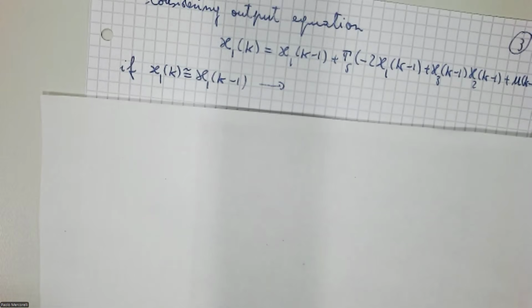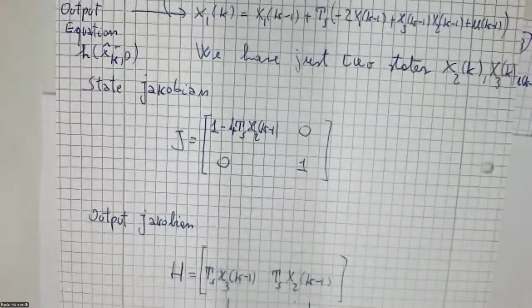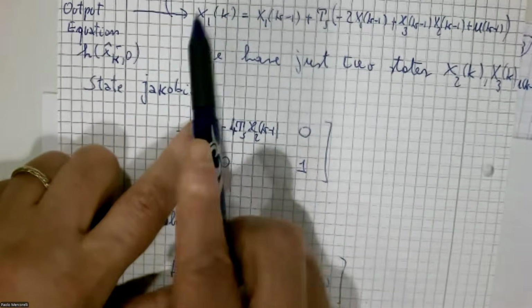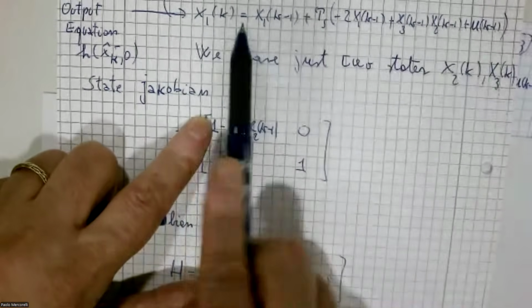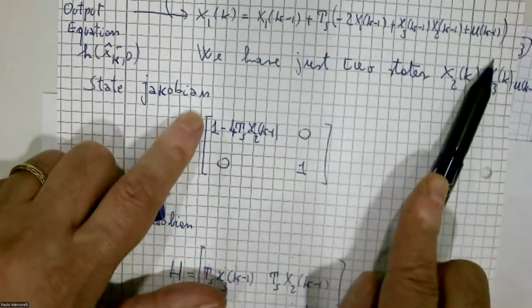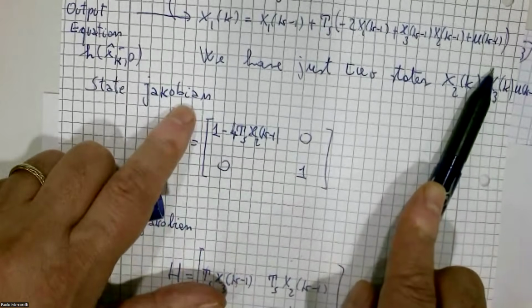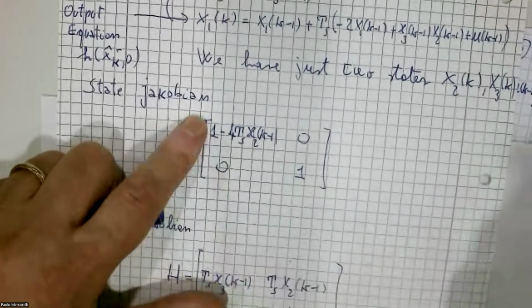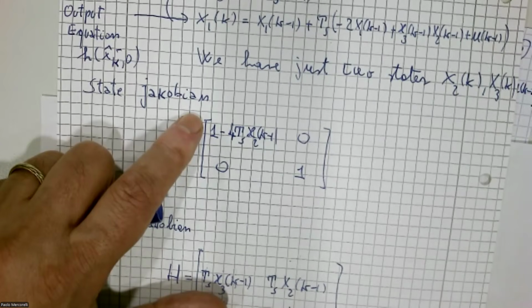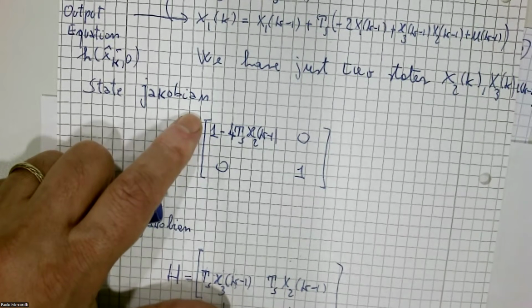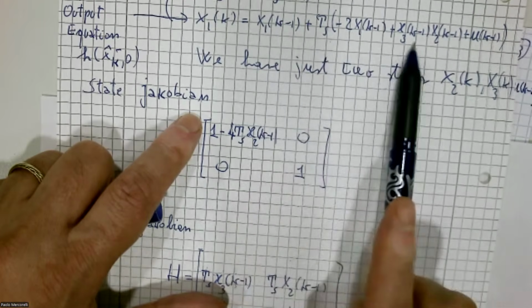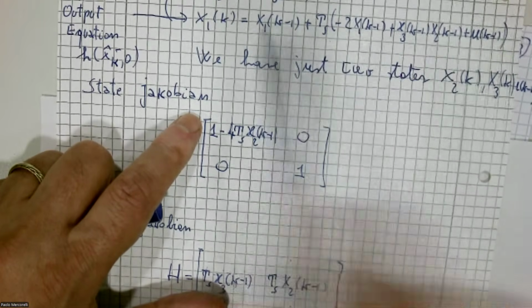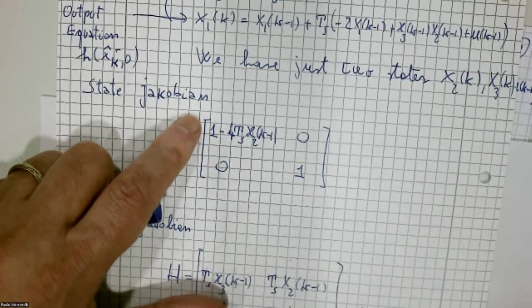First of all, why this approximation? This hypothesis came from the fact that if you look at the original expression of the output equation, you remember the output equation is y or z equals h, not capitalized, of x. X is a vector. We can see here x1, x2, x3 is the vector of the variables which we are considering, state and output.